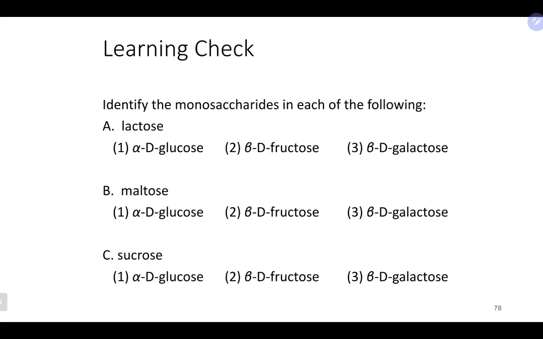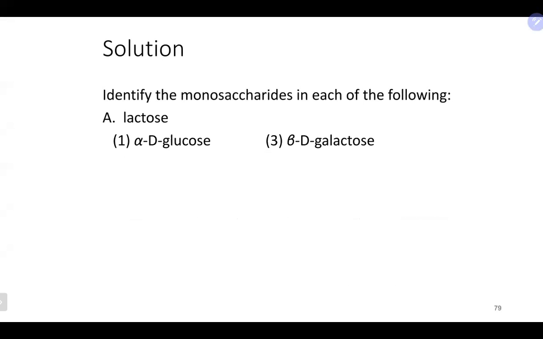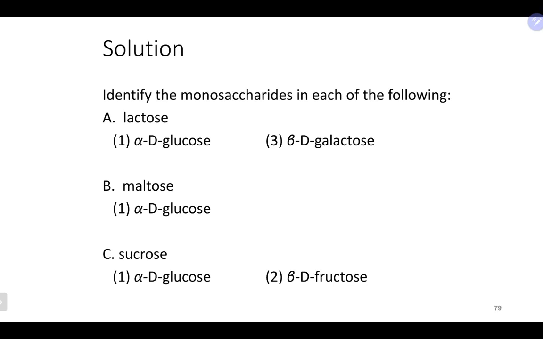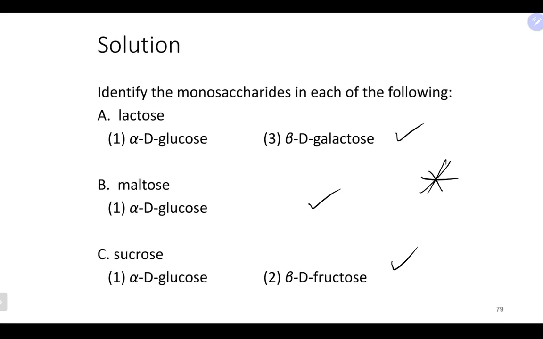And sucrose is glucose and fructose. So you do need to know pretty much the slide. That's a good slide to know, right? You should also know the glycosidic bonds, what they look like. Again, you may not be asked to draw them, but you need to be able to recognize them if you see them in a picture.